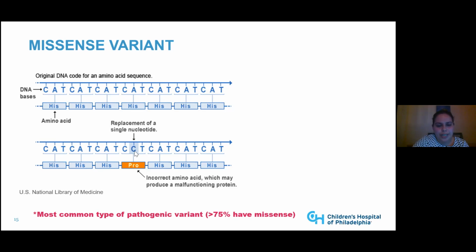And so you change the corresponding building block of the protein, you change the protein, and you change the way the protein works. And this is the most common type of disease-causing variant for people who are affected with SCN2A. About 75% of the time, this is what we find when we test people for this gene. And they have this disorder.